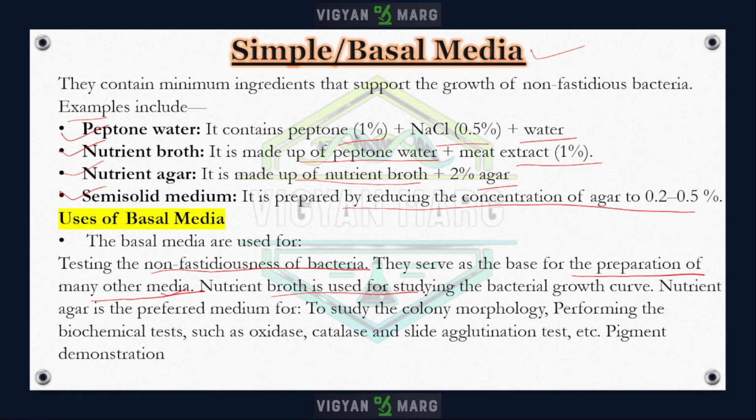Nutrient broth is used for studying bacterial growth or the bacterial growth curve in batch culture. Nutrient agar is a preferred medium for studying colony morphology, performing biochemical tests such as oxidase, catalase, and agglutination tests, and demonstrating pigment production of bacteria.